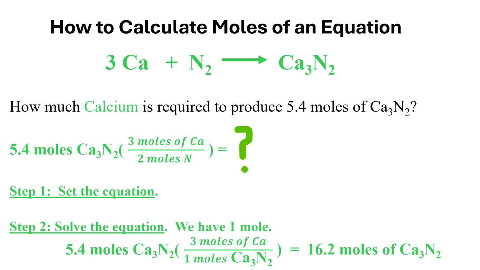Your bottom number over here is a 1. So that means that the bottom of your equation is a 1. You don't really have to reduce anything because it's already been taken care of for you. So you just straight multiply 5.4 times 3.